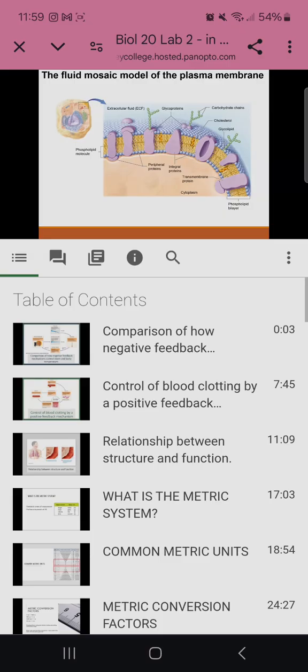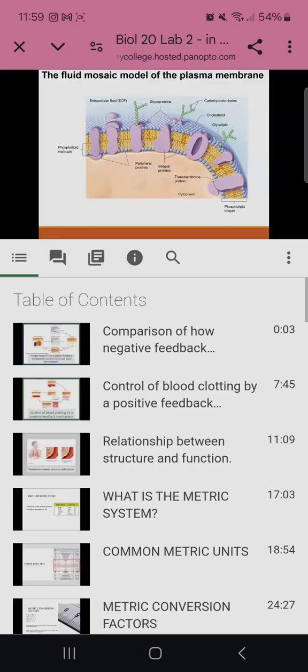And you can see we have some cholesterol inside the membrane. Our membrane is not super hard, it's flexible, and having cholesterol, some lipid inside, gives it that flexibility. Fat makes it a little bit flexible. We also have some carbohydrate chains inside of it. Okay, so this is just an introduction to our plasma membrane.